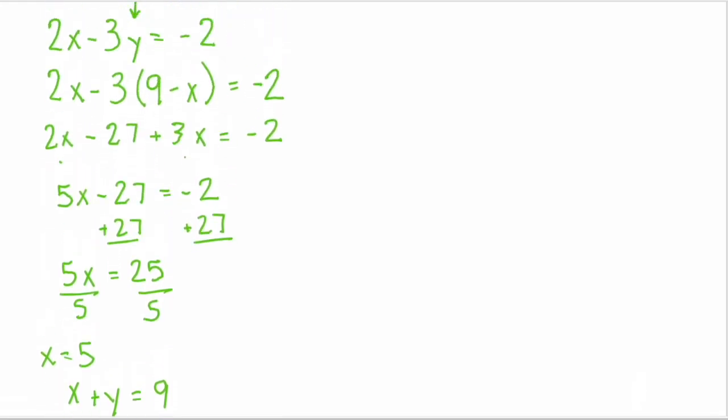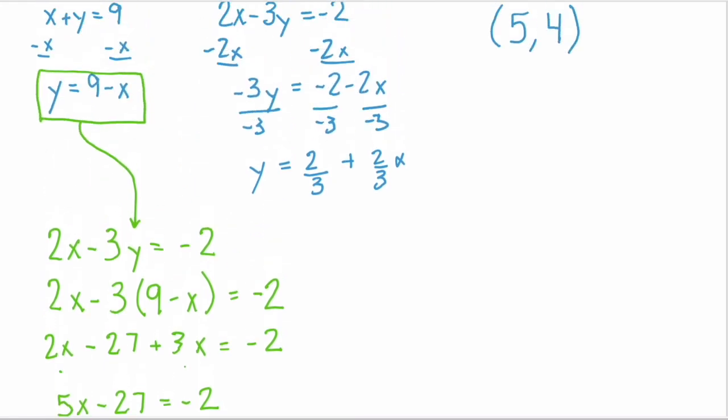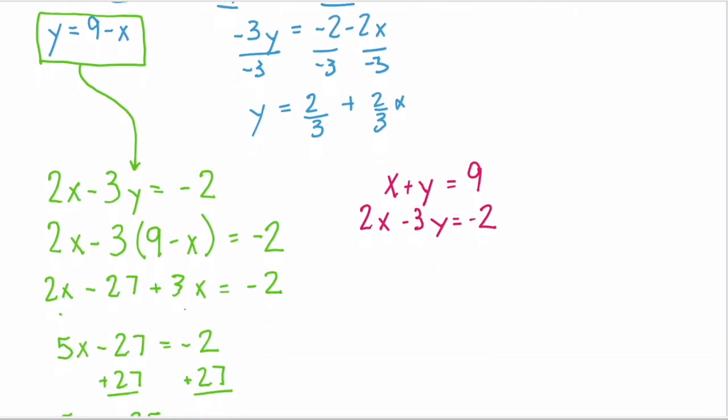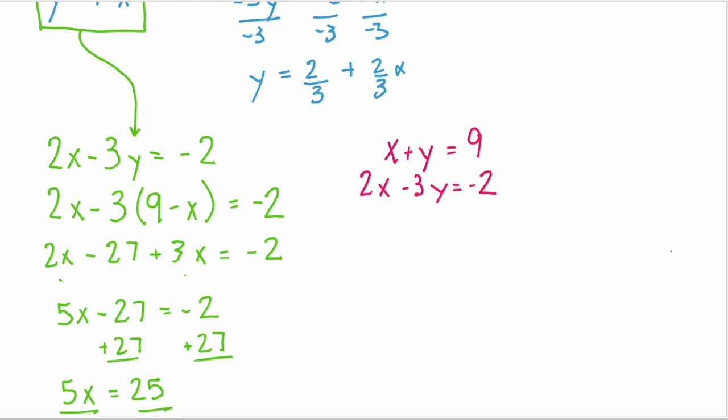I'm going to scroll back up, and now we're going to solve with the elimination method. And with elimination, remember you take those given equations, and the goal is to be able to add them together and eliminate one of the variables.